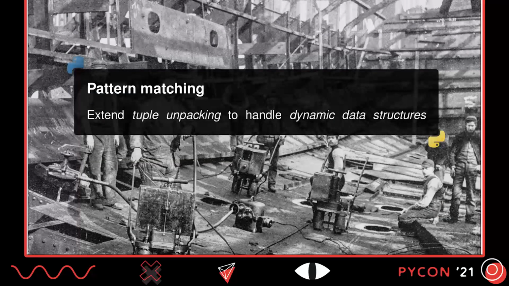To summarize, pattern matching started as a feature for tuple unpacking and with the desire to handle dynamic data structures. Now, tuple unpacking and dynamic data structures really sound like something that's right up Python's alley, isn't it?